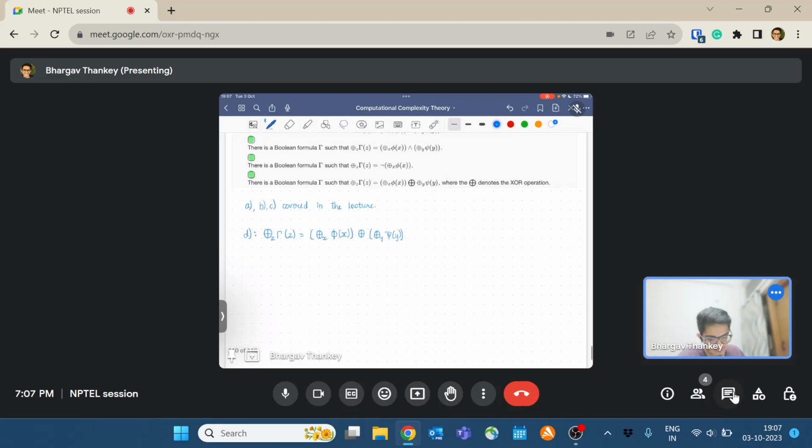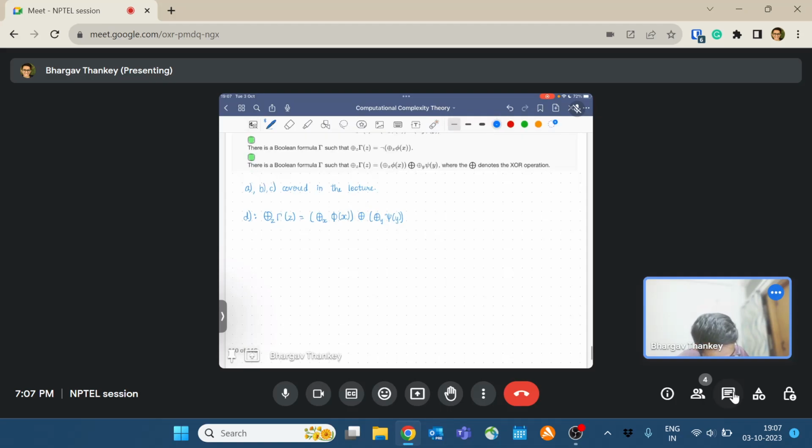Okay, so this is what we want to prove. And when is this true? These two are Boolean formulas, and we have an XOR between them. So let me first simplify this XOR. XOR of A and B is true if exactly one of A and B is true, right?